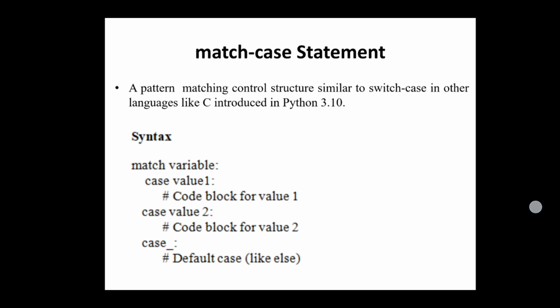The syntax of the match case statement is: match variable colon, case value 1 colon, code block for value 1, case value 2 colon, code block for value 2, case underscore colon, default case like else in the if elif else structure.